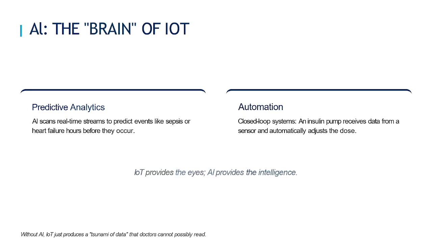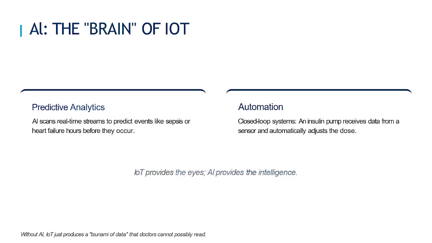AI also enables automation through closed-loop healthcare systems. For example, a smart insulin pump receives glucose readings from the sensor and automatically adjusts insulin delivery without requiring manual intervention.